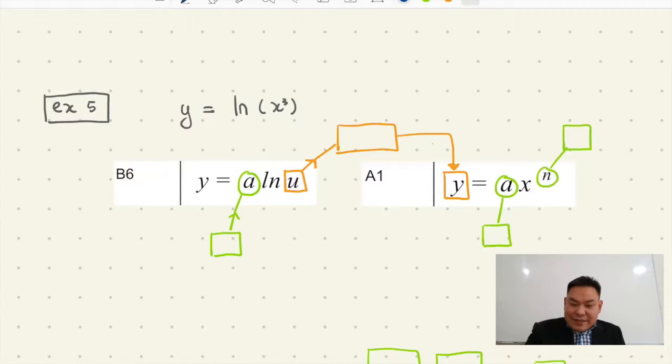In this case, a is 1, u is x cubed. If you replace a with 1 and u with x cubed, it fits. It's exactly the same as the question.